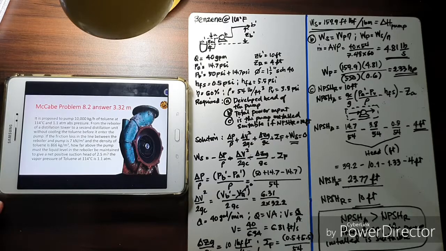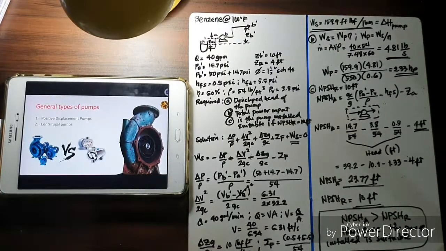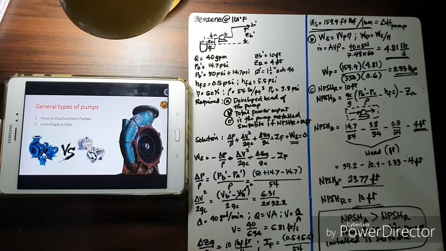By 10:30, you'll be required to view or watch the YouTube links that I have included in the PowerPoint presentation. There are two. It's all about the general types of pumps: number one, the positive displacement pump, and the centrifugal pump.